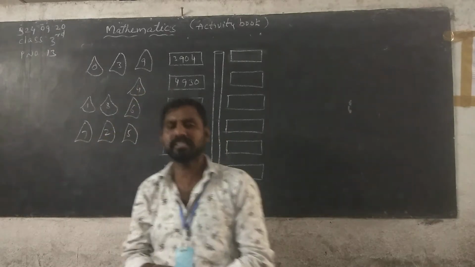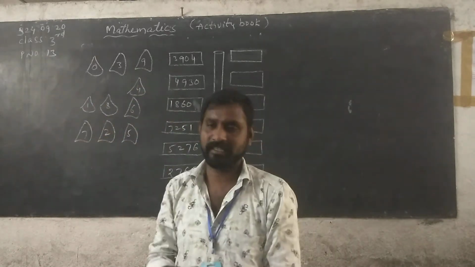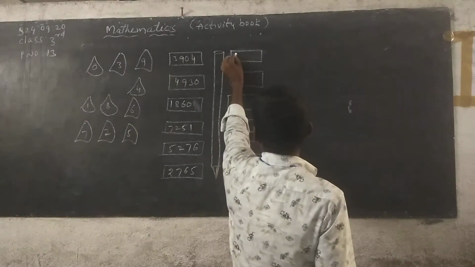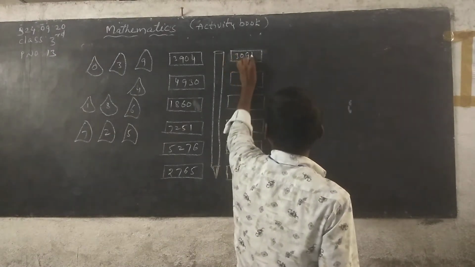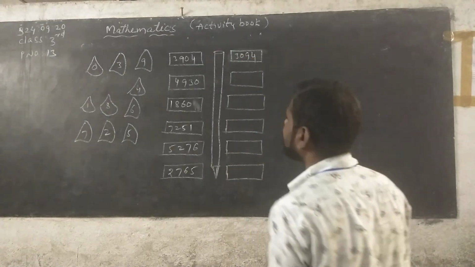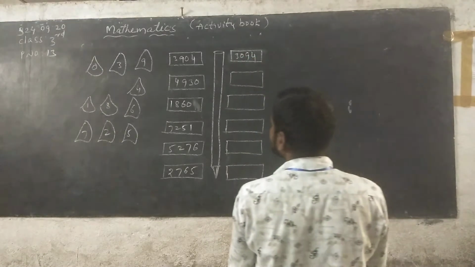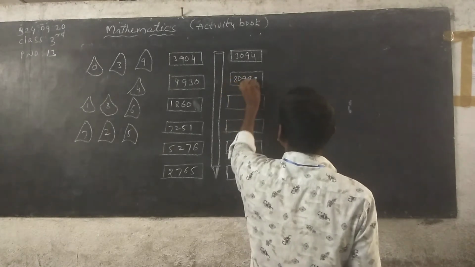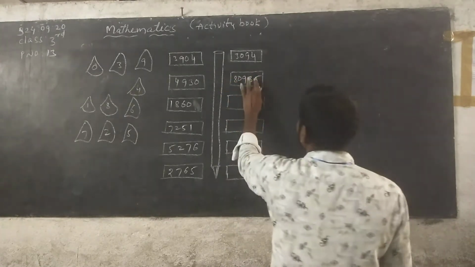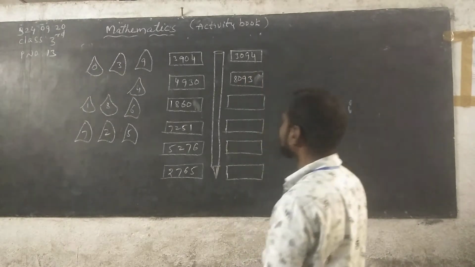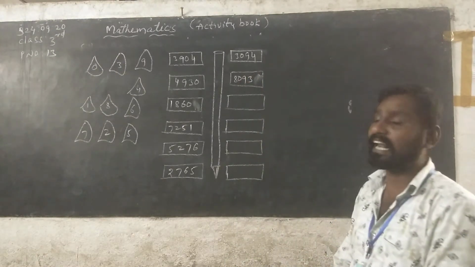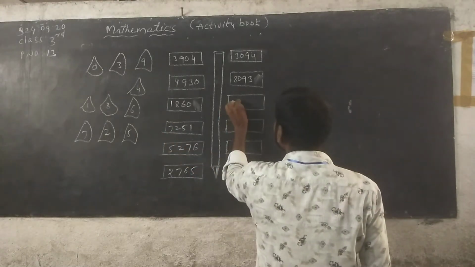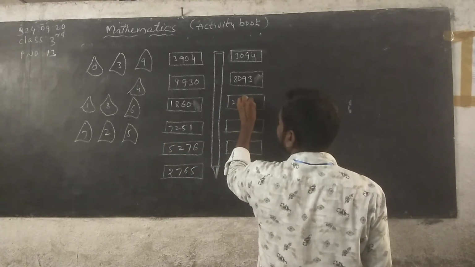You can write the 4-digit number according to your wish. See here, next 3094. Next 8093, a 4-digit number, according to your wish. 2051.